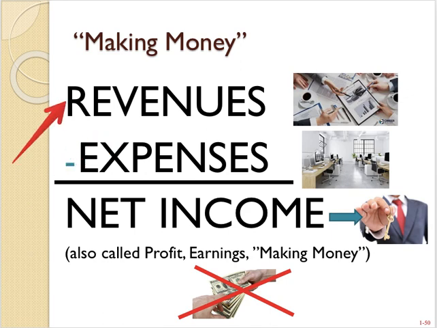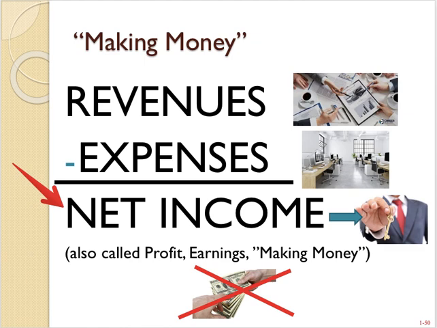And what we do is we track our revenues and expenses for a period of time so that we can see how we did during that period of time. So revenues, maybe we track those for the month of November, and then we track up all the expenses we use to generate those revenues in the month of November, and that tells us how much money we made in the month of November.